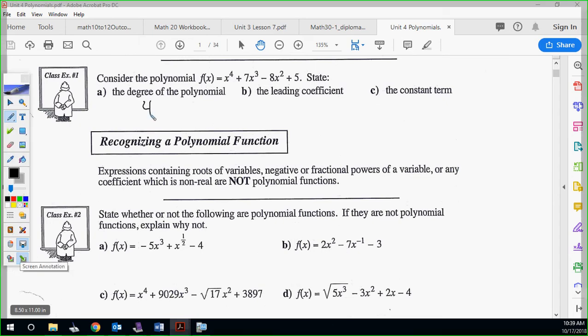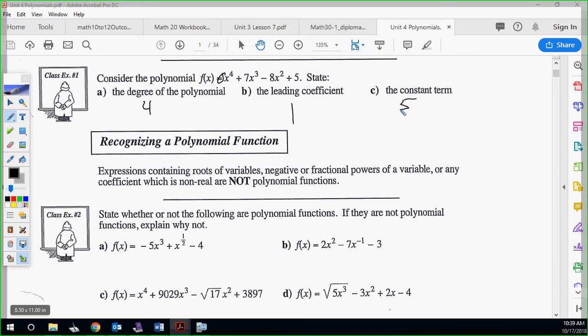That's the highest exponent. The leading coefficient is what? That's always the most common guess, but the leading coefficient only comes from the highest degree, so it's 1. Your leading coefficient is the number in front of the highest degree. The constant term is the 5. Okay, questions or concerns there?